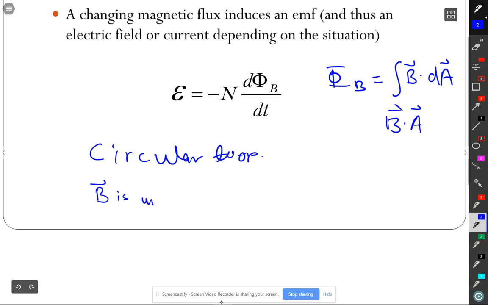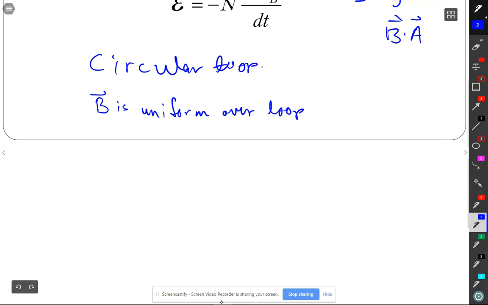B is uniform over the loop. That means the magnetic field isn't varying as you go to different parts of the loop. If B is uniform over the loop, then you can simplify B dot dA to B dA cosine theta.